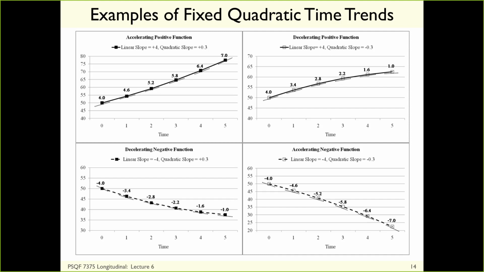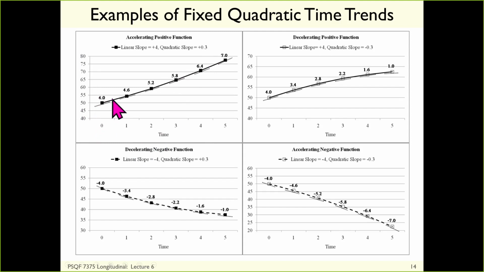So the same thing happens in this context in talking about how the quadratic slope changes the linear slope as time passes. So here's a function, top left here on slide 14, where I have a linear slope that is positive 4, and the quadratic slope, so the coefficient that would multiply time squared, is a positive 0.3. Note that time starts at 0 here on the x-axis. Y is some hypothetical outcome.